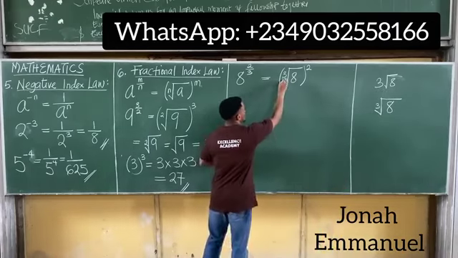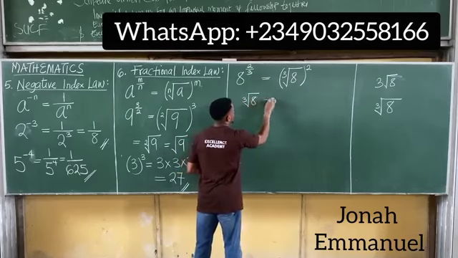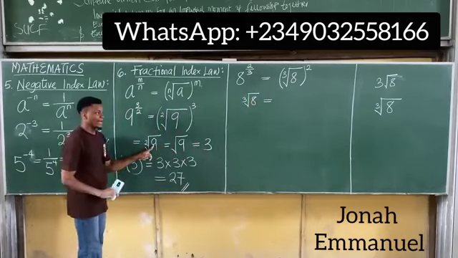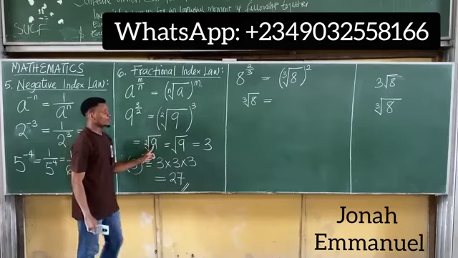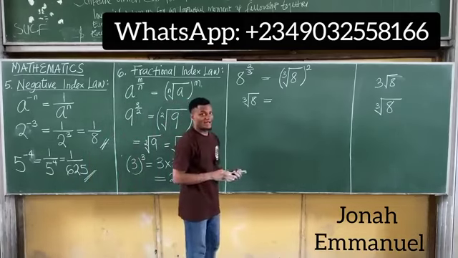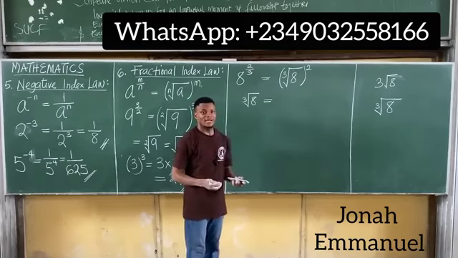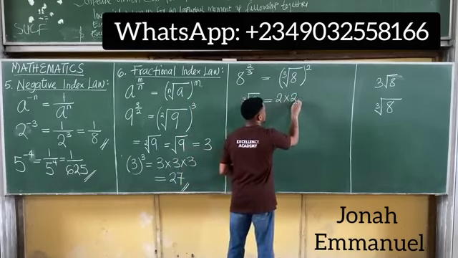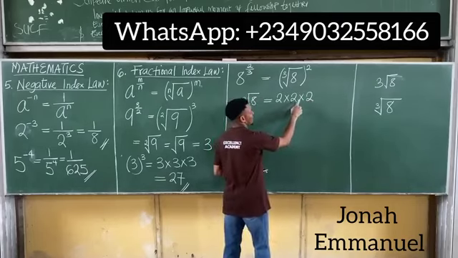So when we say third root of 8, what do we mean? Now we said square root of 9 means a number that will multiply itself 2 times to give you 9, which you got as 3. So when we now say third root of 8, we're looking for a number that will multiply itself 3 times to give you 8. And which number is that? That number is 2, because 2 times 2 times 2 gives you 8. 2 times 2, 4, 4 times 2, 8.